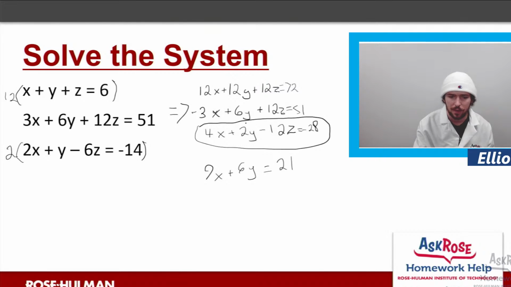Okay, cool. We have this figured out. So that's pretty good. And then we can simplify for one of these variables. So let's say it's the 6y, right?